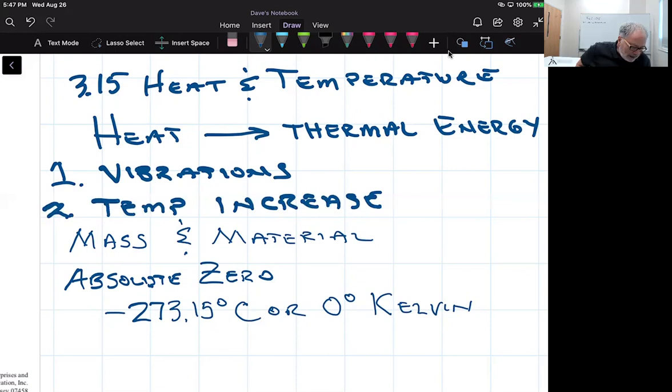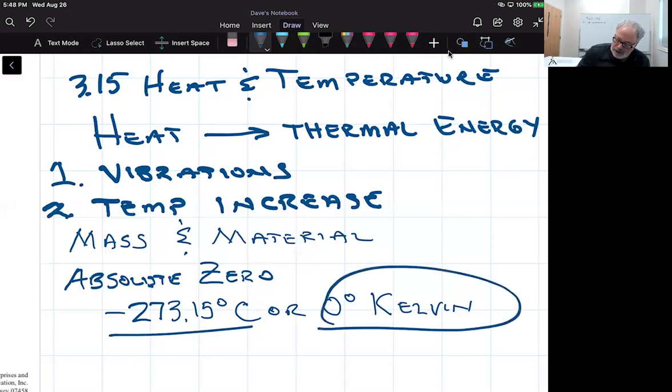And then the last thing in this little section is this: if you remove heat from a body, its temperature falls. However, there is a lower limit below which you cannot fall, and that is called absolute zero. It corresponds to a temperature of minus 273.15 degrees Celsius, or 0 degrees Kelvin.